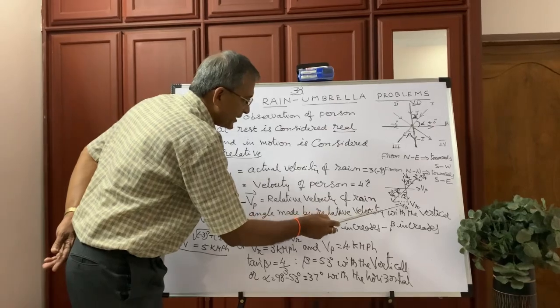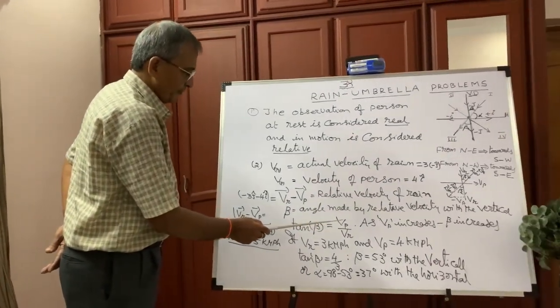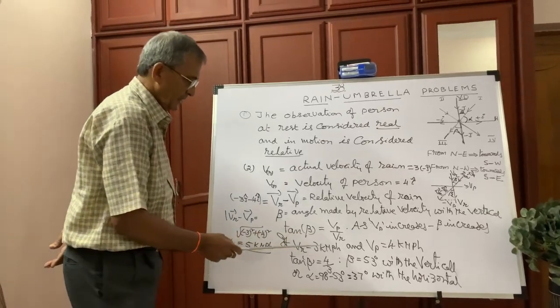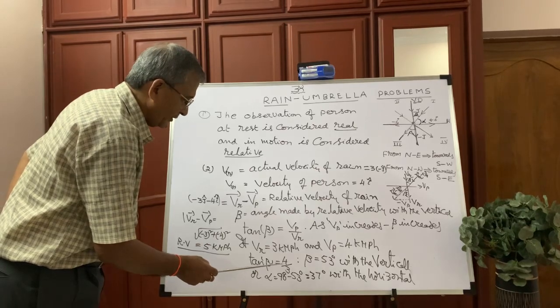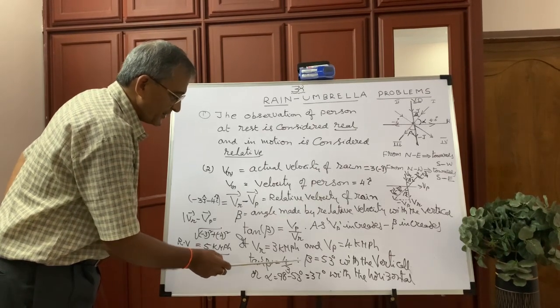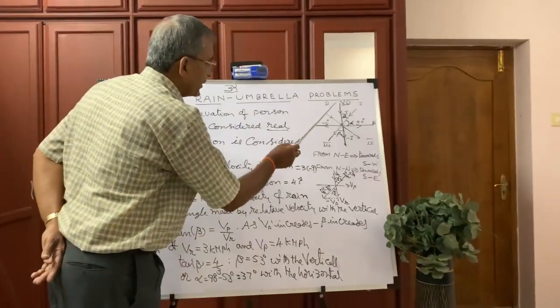So, tan beta is opposite side by adjacent side. That is, tan beta is equal to VP by VR, which is 4 by 3. Tan beta is equal to 4 by 3. From this, beta is equal to 53 degrees with the vertical.